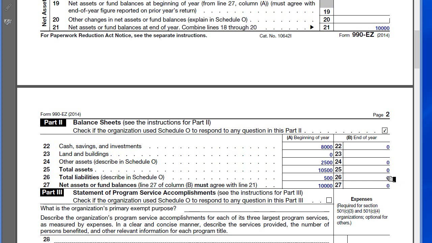You may also have taken on additional liabilities. And your net assets most likely are going to be different based on whether you had a net profit or a net loss. So that's a look at the balance sheet, and hopefully that has helped you see what a balance sheet is all about.